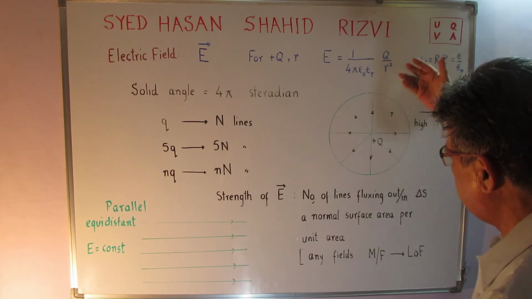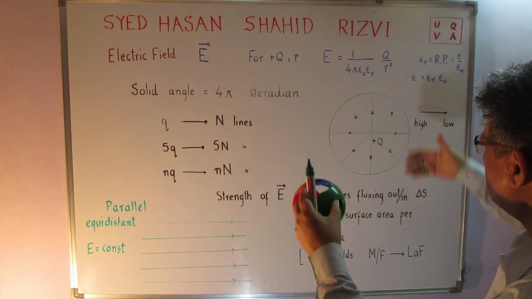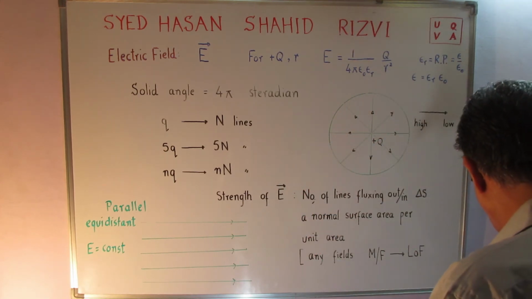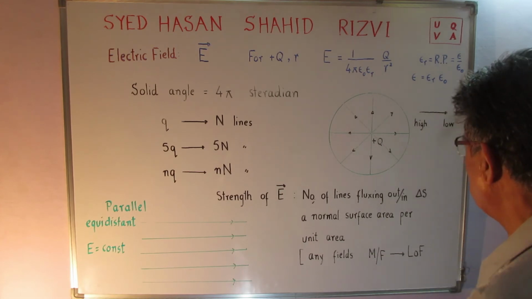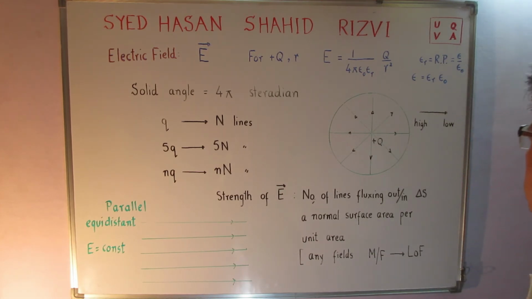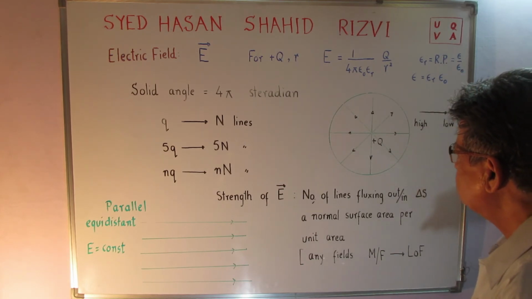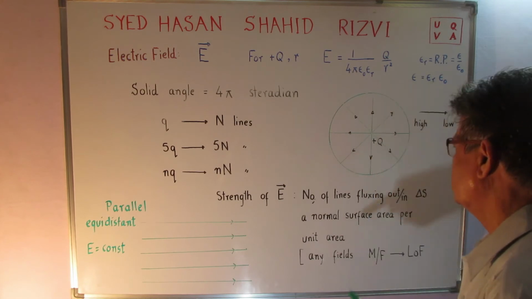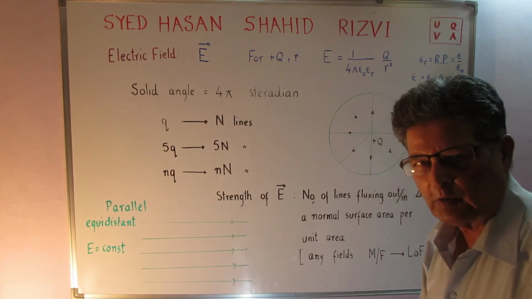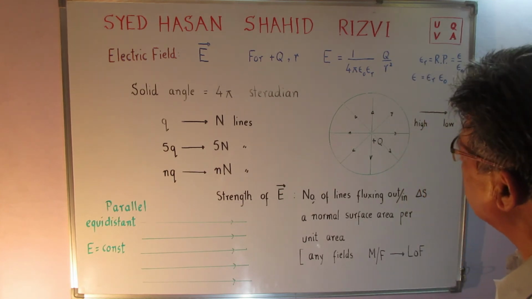So I've just taken a section of this sphere which is around that particular point under consideration, and they appear to us to be diverging from a single point. I'm talking about a single point, so the field lines are diverging. Okay.